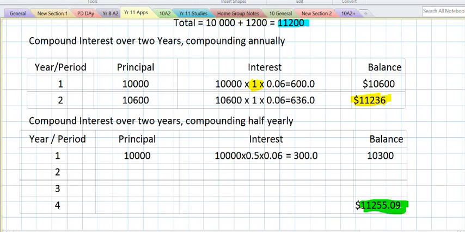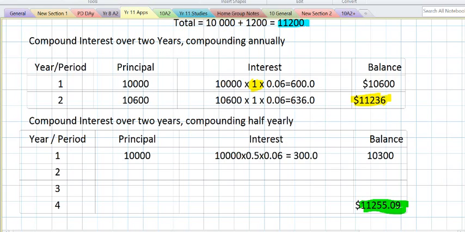So just simple interest over 2 years, we get 11,200. Then compounding yearly, we get an extra $36. And then compounding twice yearly, we get an extra $20 or so on top of that.